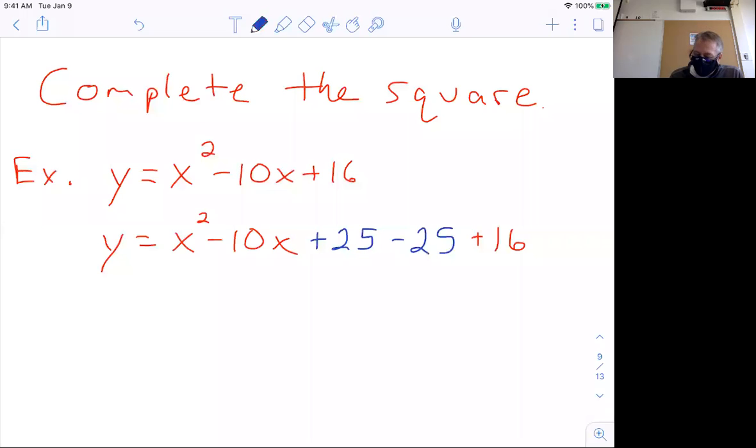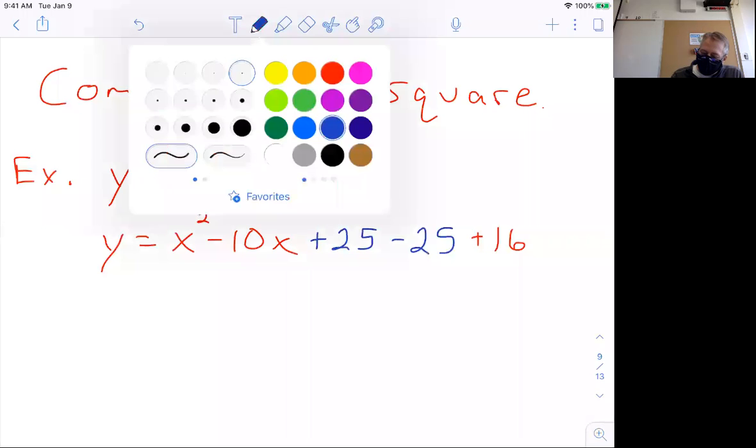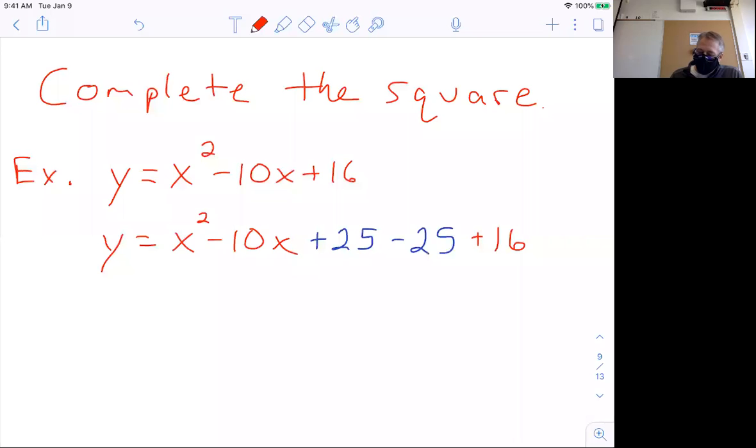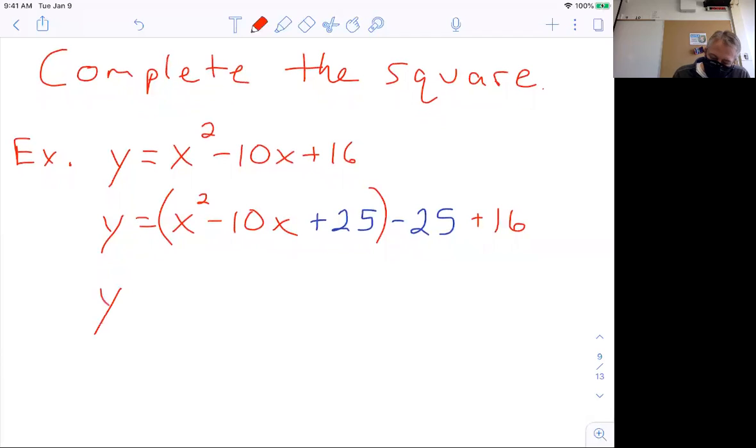All right, so when we do that, what happens now is I can factor these first three terms. Not only can I factor them, it factors as a perfect square trinomial, meaning it factors into the same thing twice. It factors into x minus 5 times x minus 5, or x minus 5 squared.